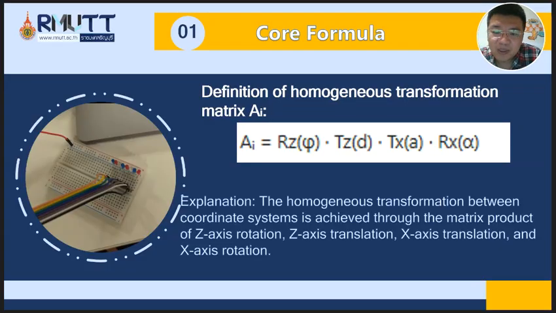TZ D, TXA, RX alpha. This is the second, the basis for everything. And this is the formula for the transformation bonding between different companies, the foundation of the forward translates, realized along the ZX integration, along XX.